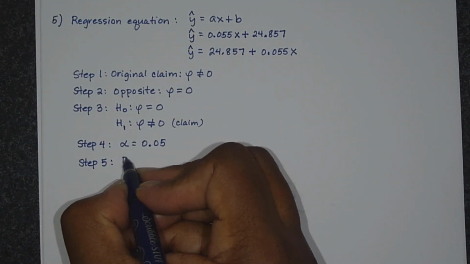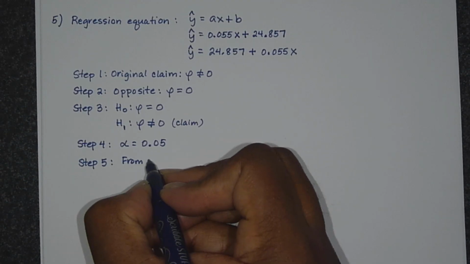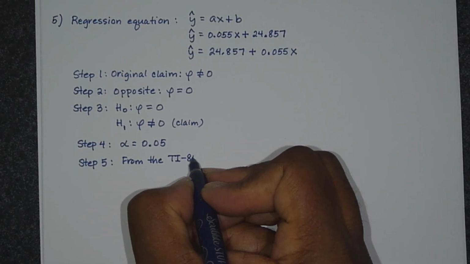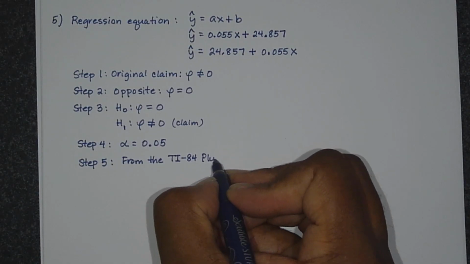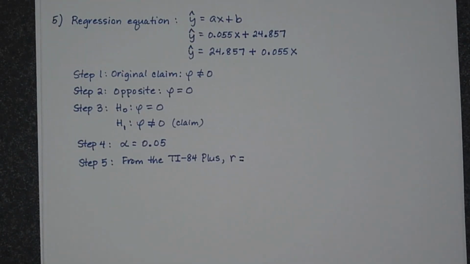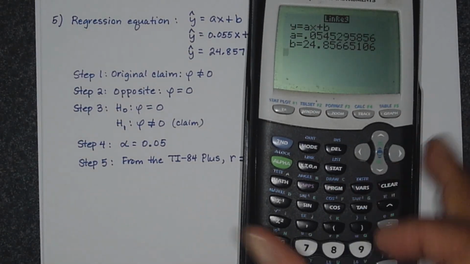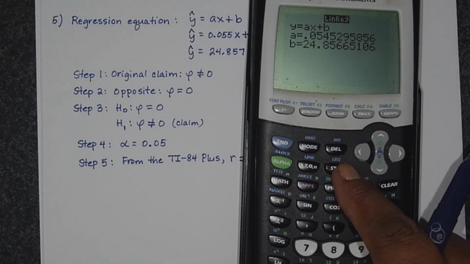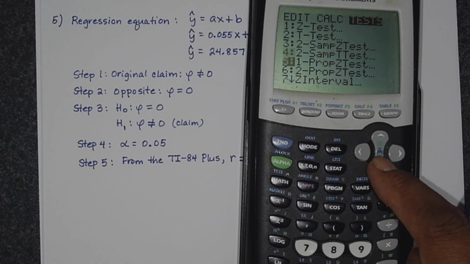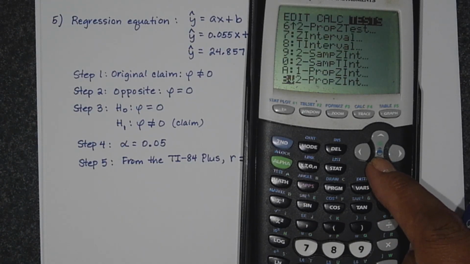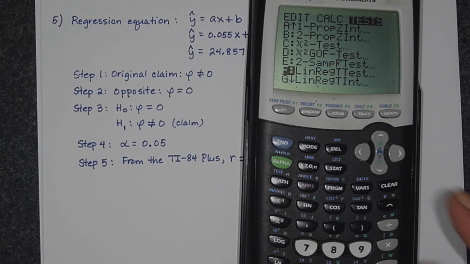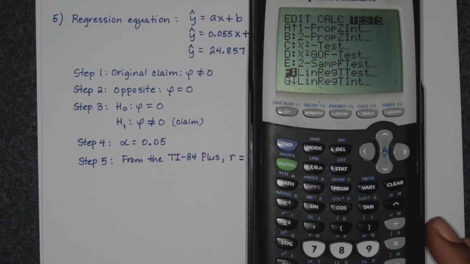Then number 5, we'll get our linear correlation coefficient from the TI-84 Plus calculator. So to get that, we're going to press stat, go over to test, go down to LinRegTTest, and then press enter.